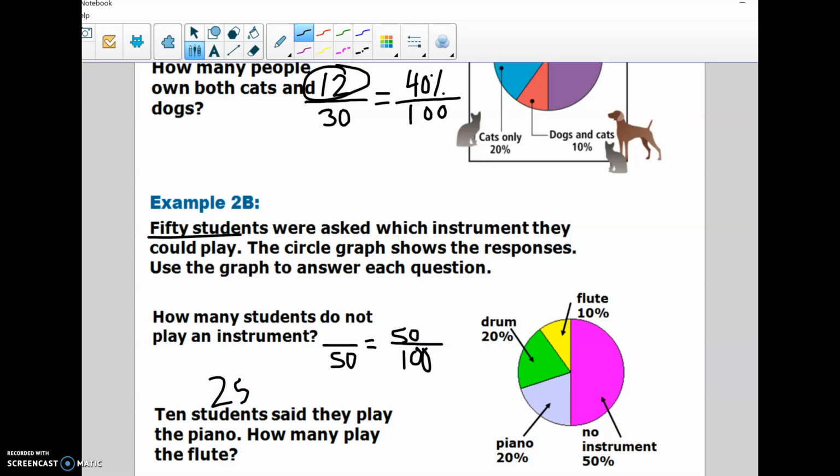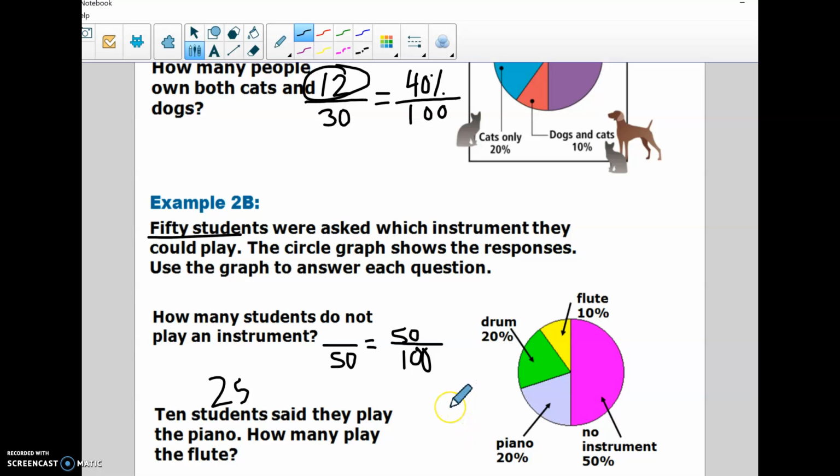Next, it says 10 students said they play the piano. How many people play the flute? If 10 students play the piano, and that's 20%, how many people play the flute? We could set up a proportion again, or if this is 20% and this is half of that, which is 10%, that'd be 5 students. Half of 10 is 5.